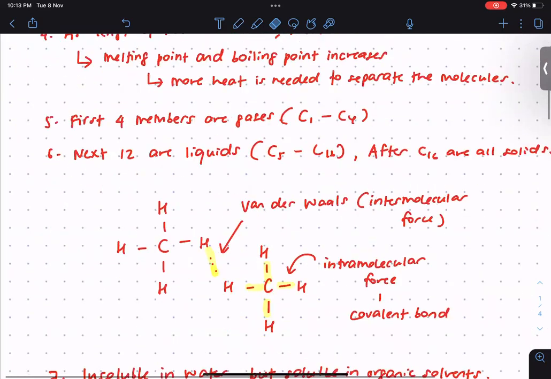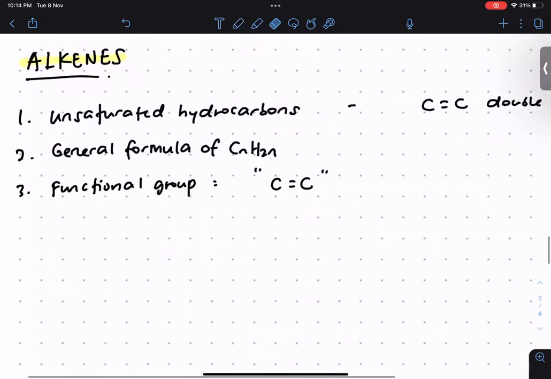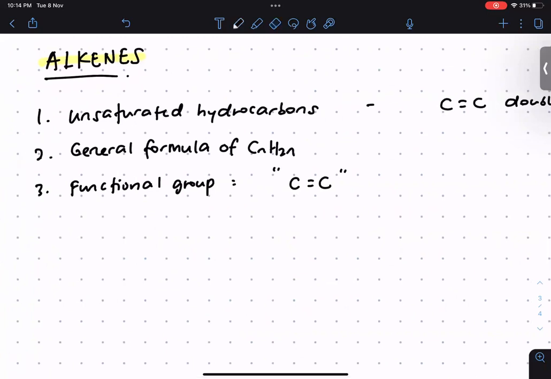What I'm trying to say over here is the first member, just remember this because it's quite tricky. The first member of the alkene family is ethene.